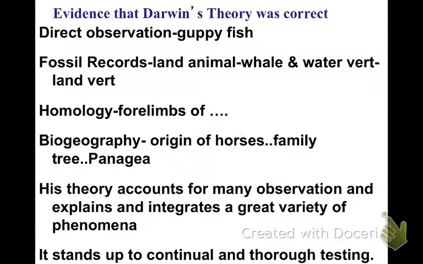Then we talked about homology, wherein we took the forelimbs of four mammals into consideration. Then biogeography, wherein we talked about the origin of horses with the knowledge of movement of the continents and the anatomy of the particular species that we are looking at.